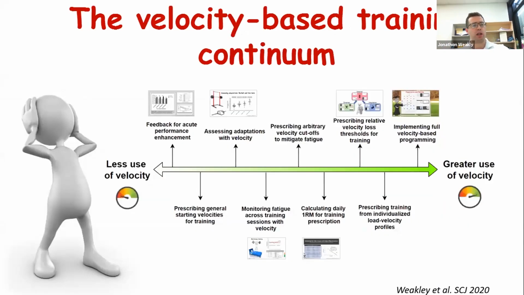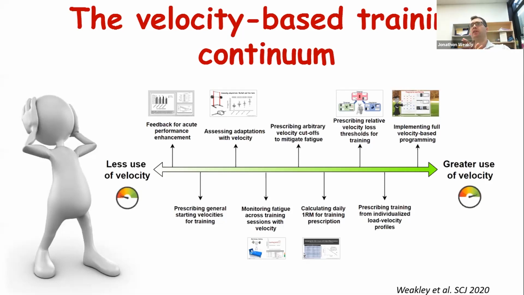Building upon defining it and explaining why we needed to use velocity over other kinetic and kinematic factors, we started to think, well, we also need to explain what velocity-based training is. And velocity-based training is so many different things to so many different people. First of all, you could have something simple like providing feedback.